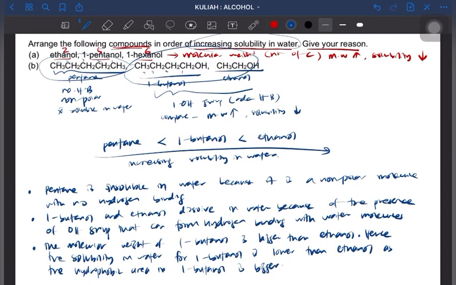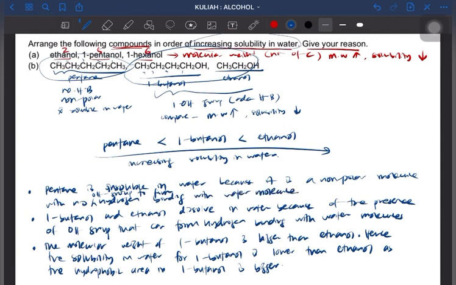Okay, macam tu saja. Okay, so awak compare dulu between pentane dan juga 1 butanol dan ethanol. Sebab awak cakap pentane ni tak soluble sebab dia molekul yang tak boleh nak form hydrogen bonding lah. Okay, tapi kalau with no hydrogen bonding, I think kat sini saya buat ayat sikit with no OH group to form hydrogen bonding with water molecule.